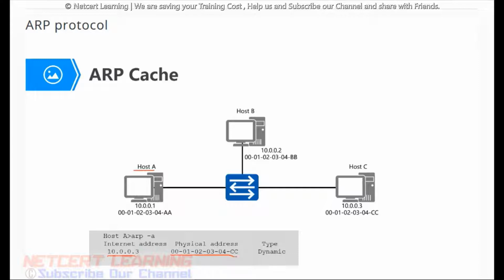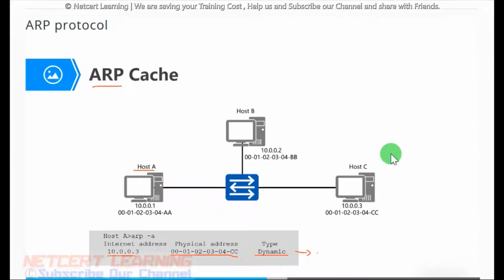the ARP cache. Of course, the ARP items in the ARP cache have types, static or dynamic. Dynamic means this ARP cache item is learned from the ARP process. So dynamic means there is a period.